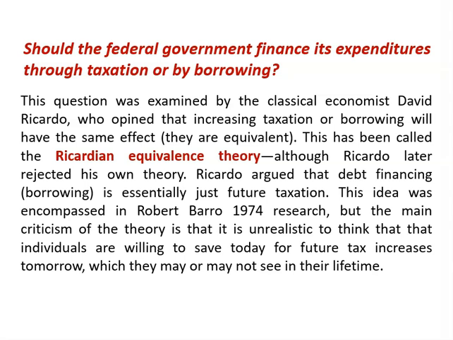Ricardo argued that debt financing, that is government borrowing, is essentially just future taxation. This idea was encompassed in Robert Barro's 1974 research, but the main criticism of the theory is that it is unrealistic to think that individuals are willing to save today for future tax increases tomorrow, which they may or may not see in their lifetime.